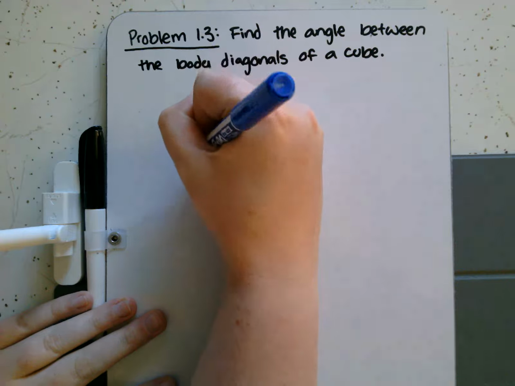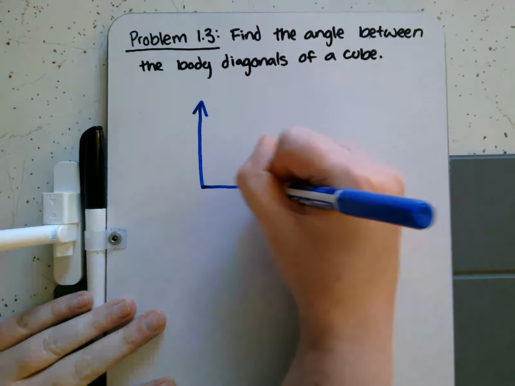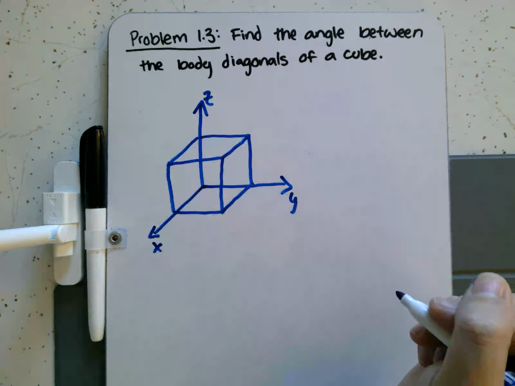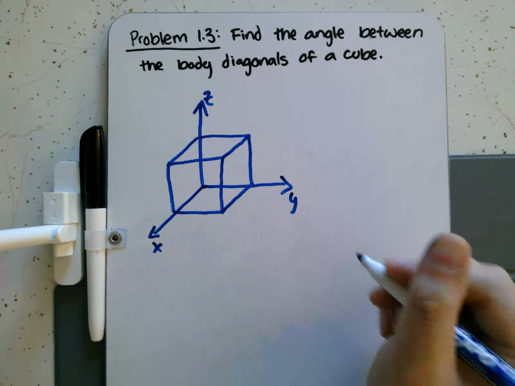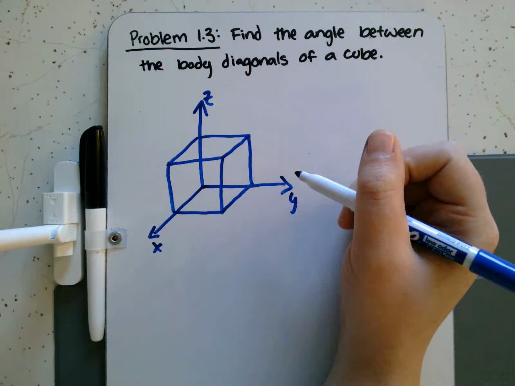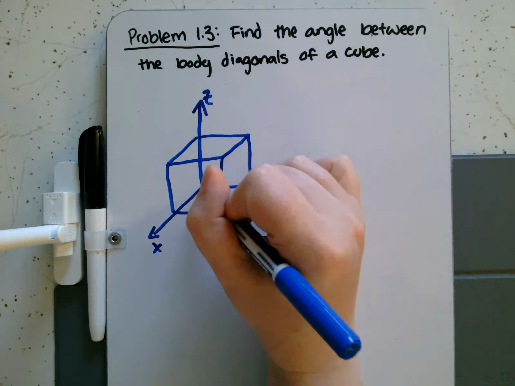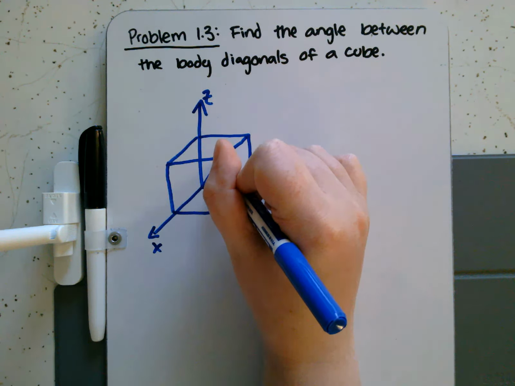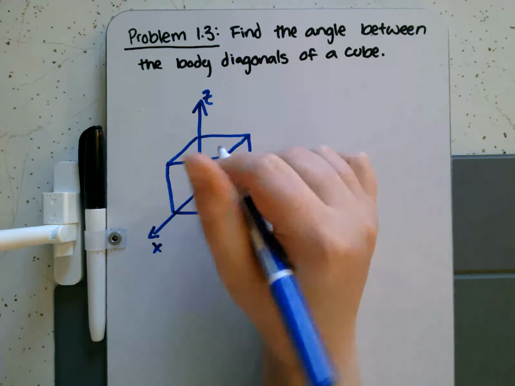So I'm going to quickly try and draw a cube. Okay, so I've drawn my cube, and the body diagonals here are going to be going from one corner to the opposite corner.